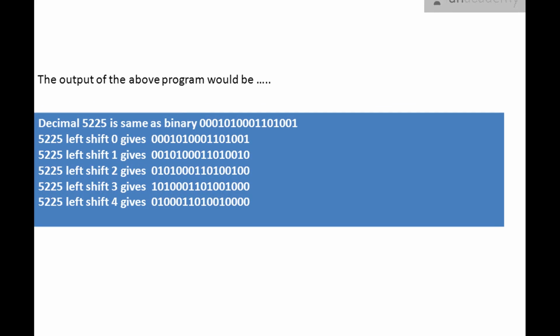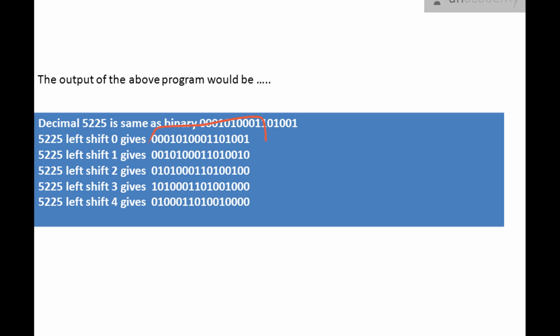For the decimal number 5225, the binary number is this. When you do a left shift, that means the left side digits are shifted. For 0 shift the value will be the same. For one shift, here it is actually 3 zeros, and what happens with the left shift is one zero is removed and shifted to the right.